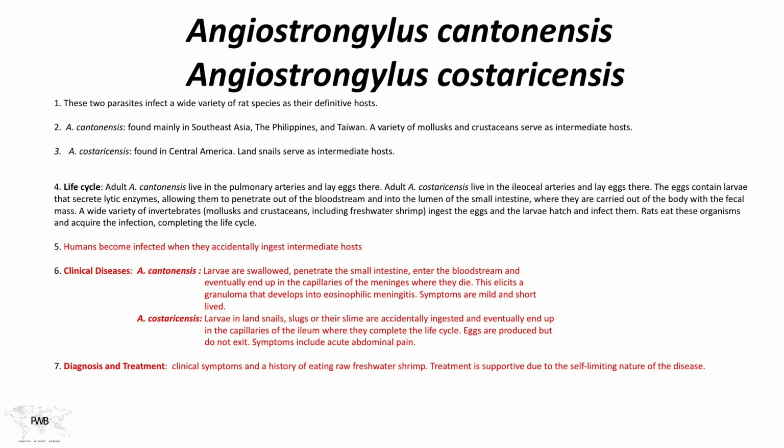As their names imply, cantonensis is found in Asia and in the Philippines, whereas costaricensis is found primarily in Central America, and of course Costa Rica is the epicenter for where this parasite can be found. They are sylvatic infections mostly. They mostly infect rats, and the rats are the definitive hosts. They acquire their infection by ingesting eggs.